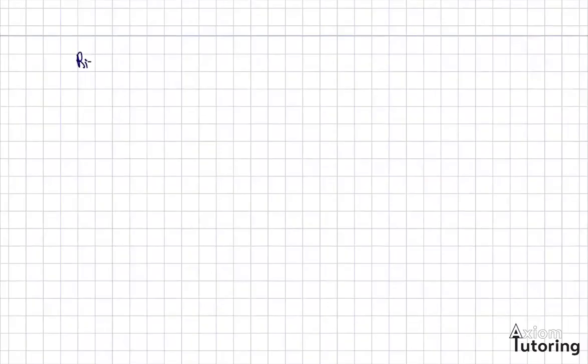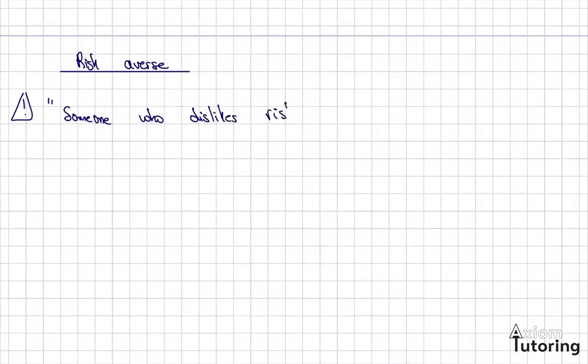So, risk averse. Well, someone, so this is incorrect, so we'll add a little bit of a caution. Someone who dislikes risk. Okay.